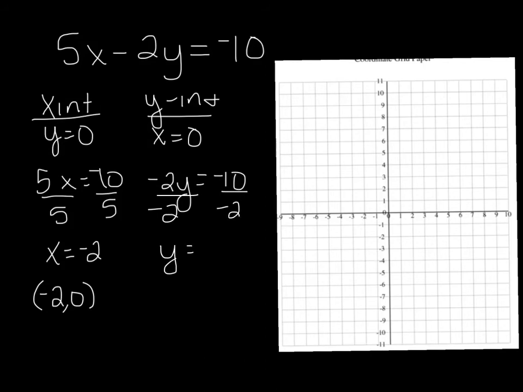Y is equal to 5. So your y-intercept is 0, 5. So we plot those 2 points on our graph. And we have our y-intercept at 5, our x-intercept at negative 2. Draw yourself your line, and there's your graph.